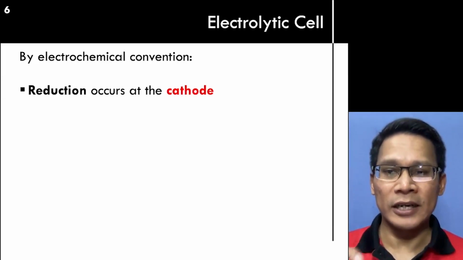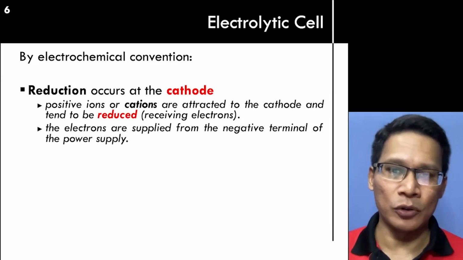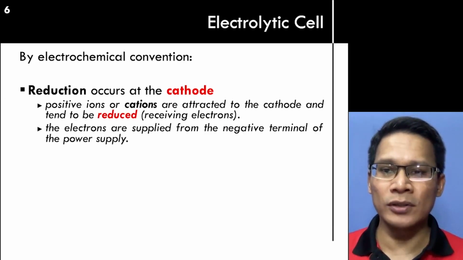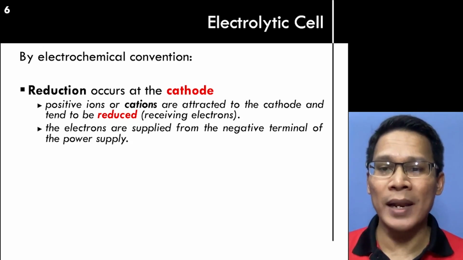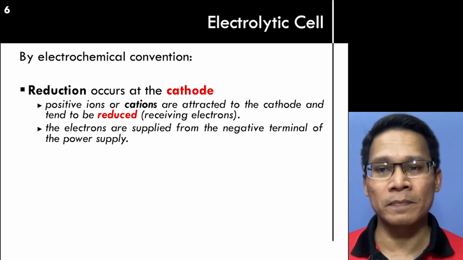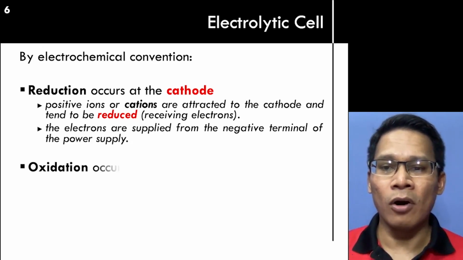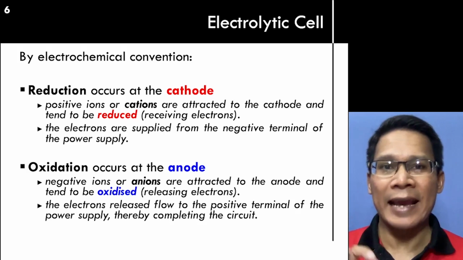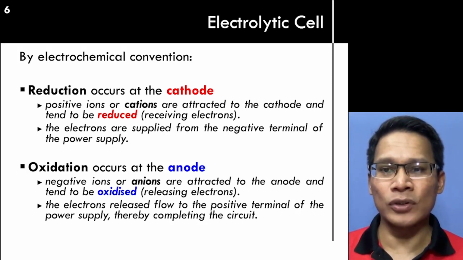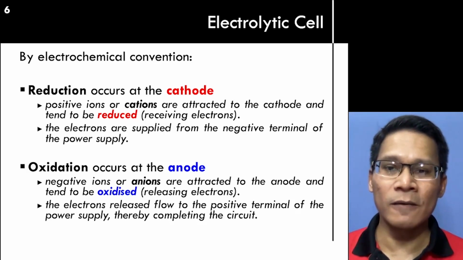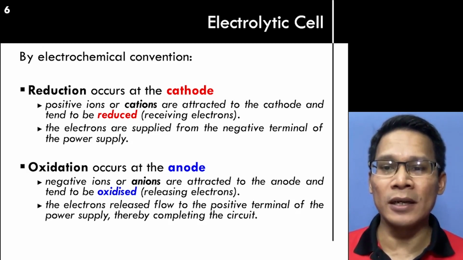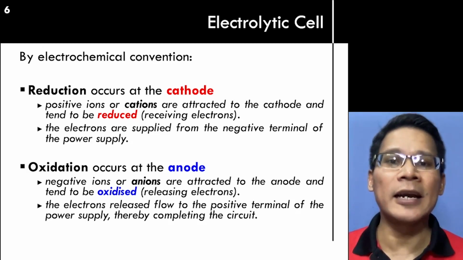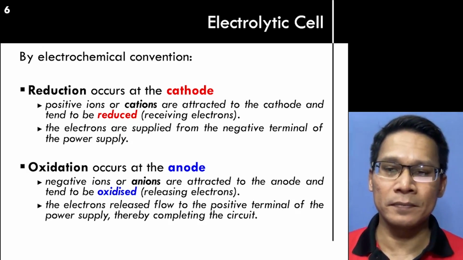Remember, reduction occurs at the cathode. The electrons for this process are supplied from the negative terminal of the power supply. Oxidation occurs at the anode. The electrons released from this process flow to the positive terminal of the power supply and complete the circuit.